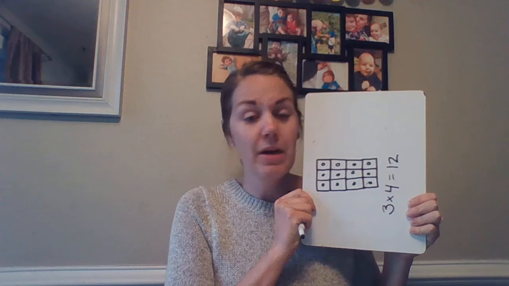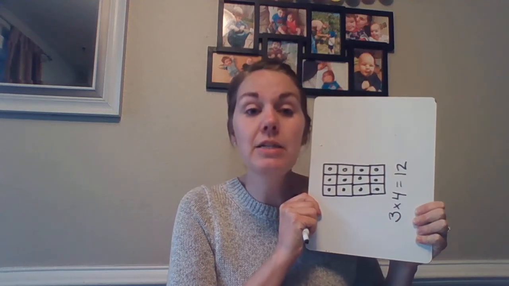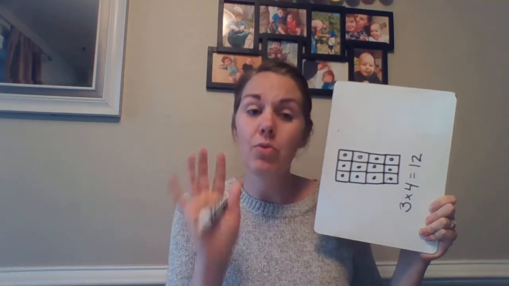But then remember, we also tilted it like this. I didn't change the number of squares, but I did change the orientation. So I have a different array. I have a different grid here. This and this are really similar, but because the orientation is different, they're actually saying different things.